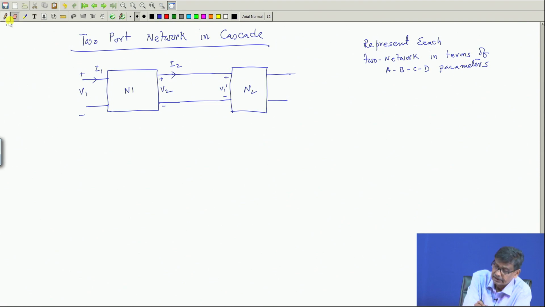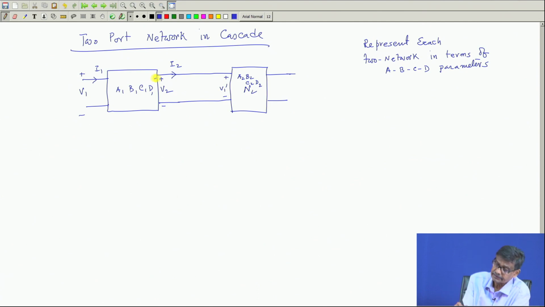That is, network 1 has ABCD parameters A 1, B 1, C 1, D 1. Similarly, for this network the ABCD parameters are A 2, B 2, C 2, D 2. Like that we will represent.